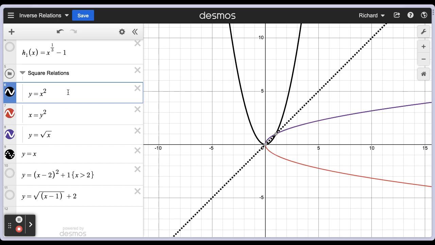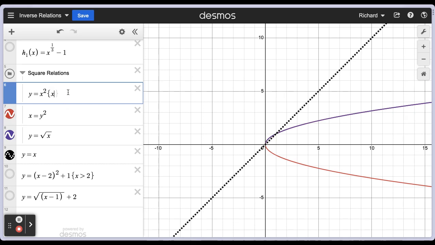Instead of having y equals x squared, I'm going to restrict the domain to say x is greater than or equal to 0. And now, can you see that this black line does reflect onto the purple one? So this is now behaving as a good function and its inverse. This bit gets reflected over the diagonal to make the purple one.